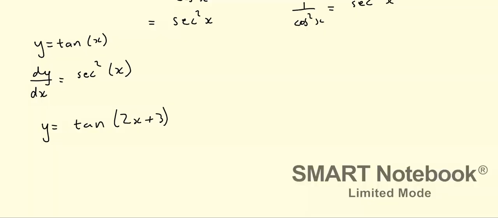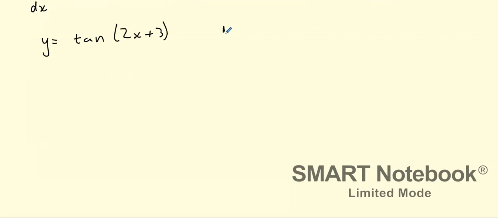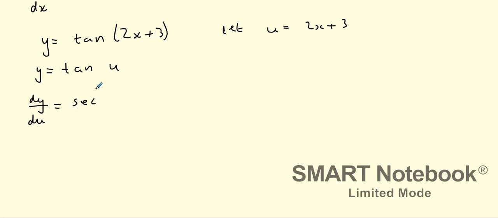So, again, we're starting something new. It might look a bit daunting, but really I've got something here, so we can use the chain rule. Let u equal 2x plus 3, so we get y equals tan u. dy over du equals sec squared u. du by dx equals 2.